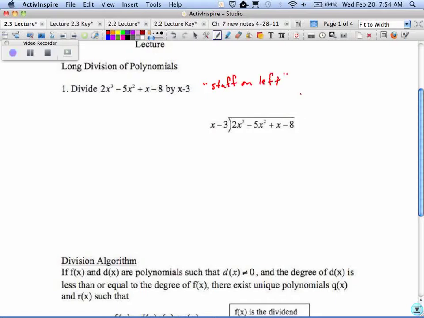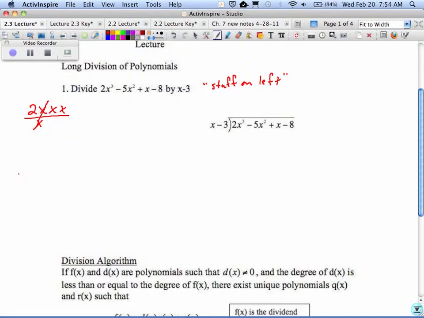So I want to figure out how many times x goes into 2x cubed. The first couple times I do this, I bring stuff over here. I take what's on the left in the first step, which is 2x cubed, and I'm dividing by x, that's on the left of your divisor.